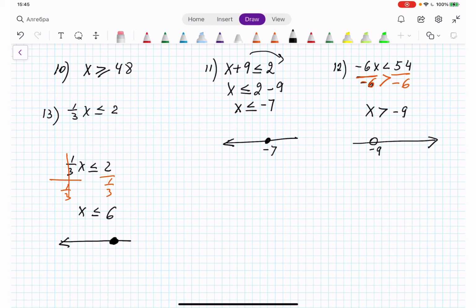Number 14. So what do we have here? 7 minus 2x greater than 15. Okay, negative 2x greater than 15 minus 7.